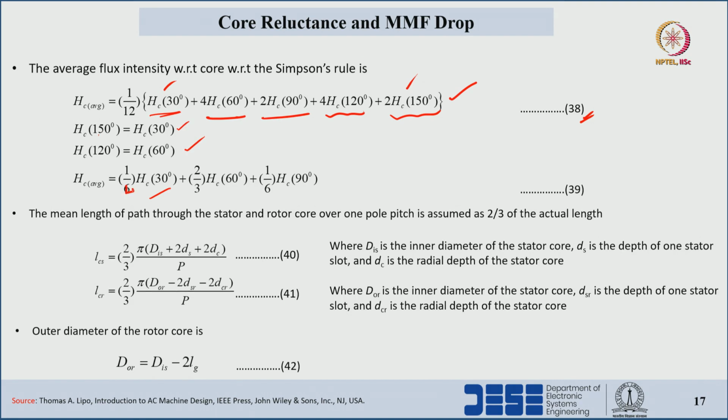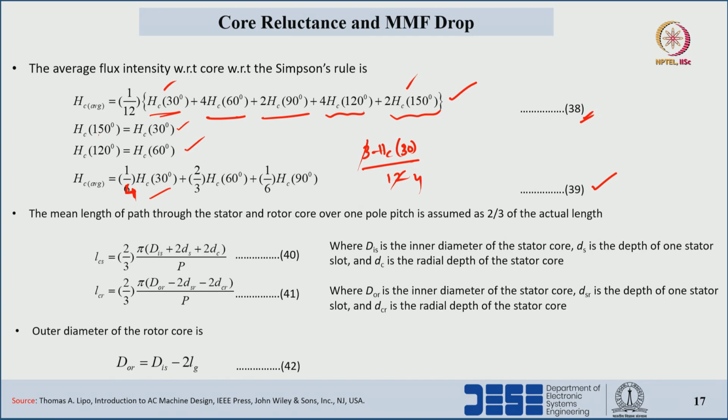It may be 1 by 4, because 3 into the flux intensity at 30 degrees divided by 12 gives 1 by 4 Hc at 30 degrees. So, equation number 39 will give the flux intensity value of the core with respect to the multiple points.